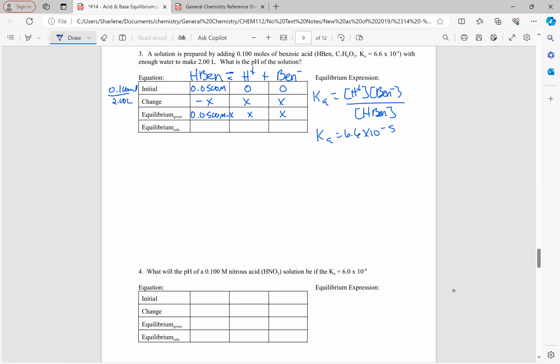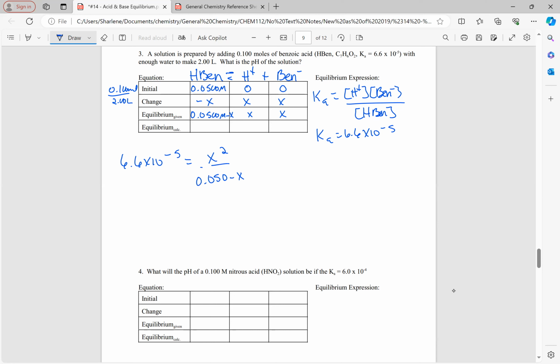What is the pH of the solution is what I'm looking for. And from this ICE table, I don't have a way to find x, so I'm going to have to plug it in to my equilibrium expression, which luckily I do know. So 6.6 times 10 to the minus fifth is equal to x squared over 0.050 minus x.